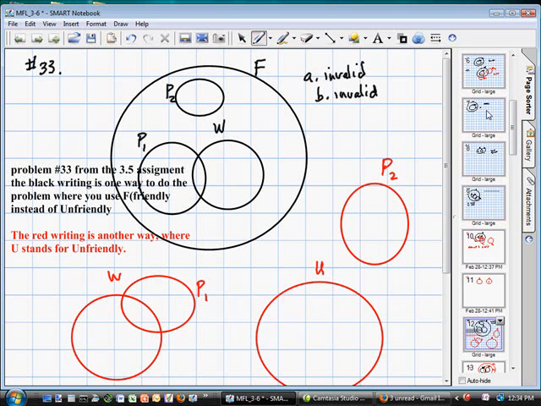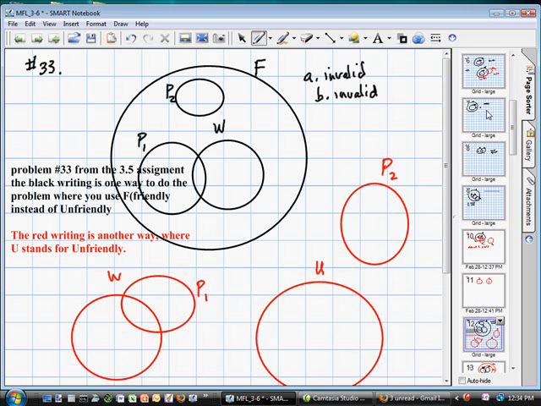So that's not valid. How about the second one? If you're a wasp, then you're not a puppy. And that would be true if it's puppy 2 circle, but it would not necessarily be true if it's puppy 1 circle. So once again, those don't look too good.